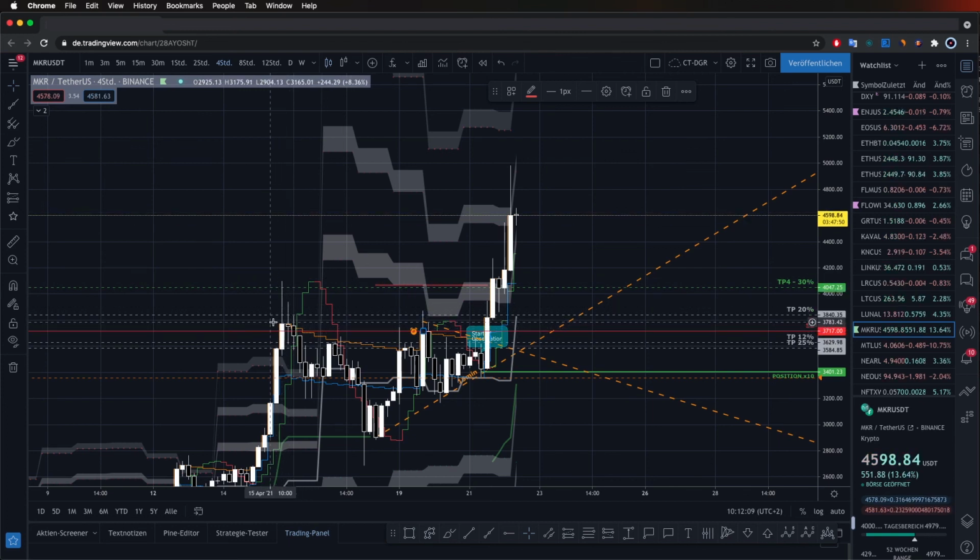So this is like a solid support now. Also, we have the support of the step line and everything above. So the DGR is above, the 50-50 is above, the broken bearish trend is above.